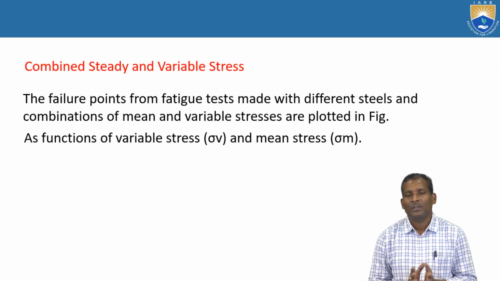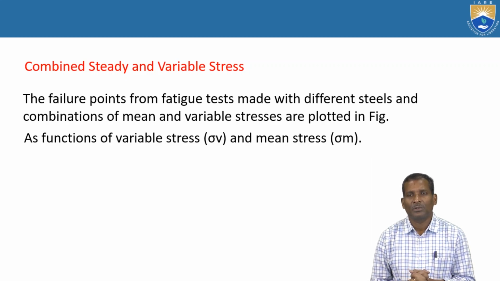You can't solve by using preliminary equations. You need to use some specific methods. Those methods are derived from combined steady and variable stress experiments. The failure points from fatigue tests made with different steels and combinations of mean and variable stresses are plotted.